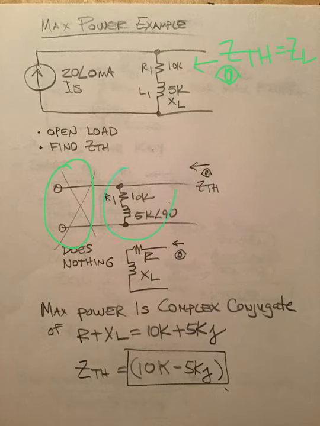So all we see is this series link here of 10K in series with a 5K inductor, ohms and ohms. And so to solve this, to have maximum power delivered, we need to have the complex conjugate of 10K plus 5KJ. You getting the hang of this?